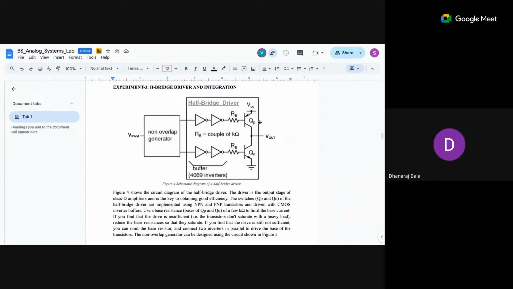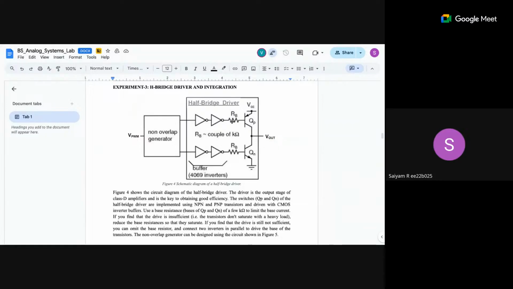If Q bar is high, after these two inverters there is again Q bar here, so this will be off. Assume Q bar is low.